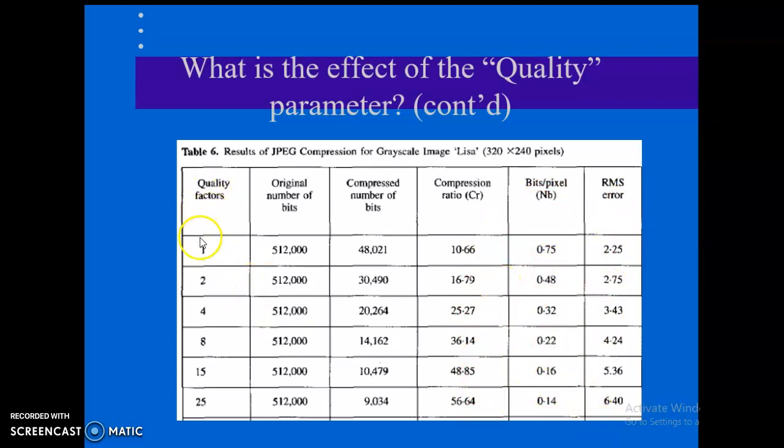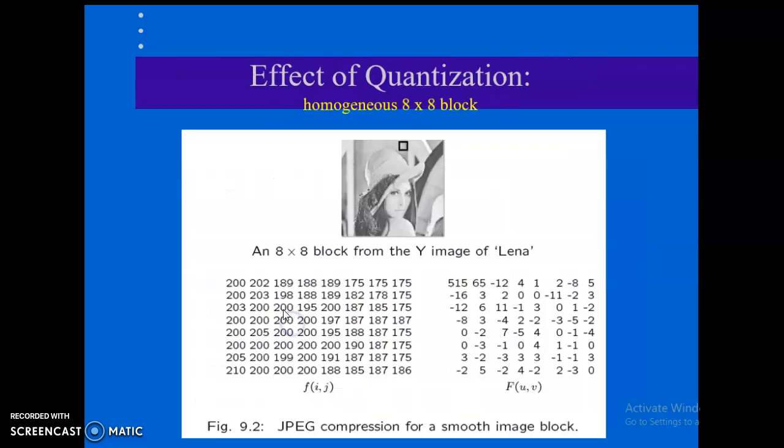For example, quality factor 1: original bits 512,000, compressed bits 48,021, compression ratio 10.66, bits per pixel 0.75, RMS error 2.25.